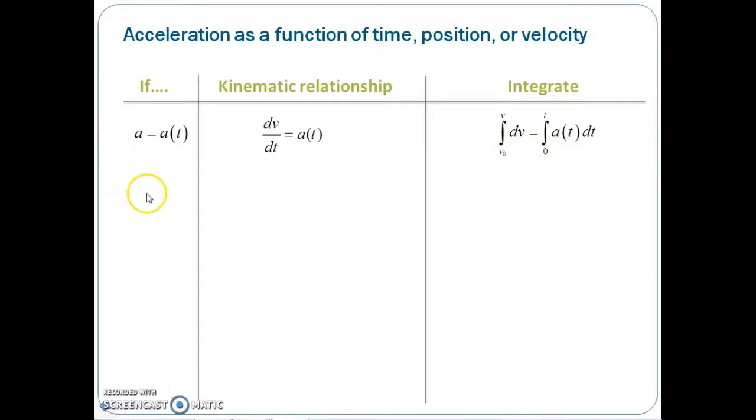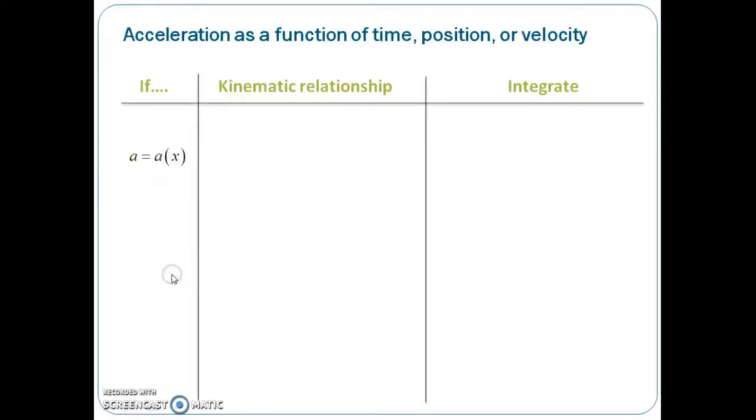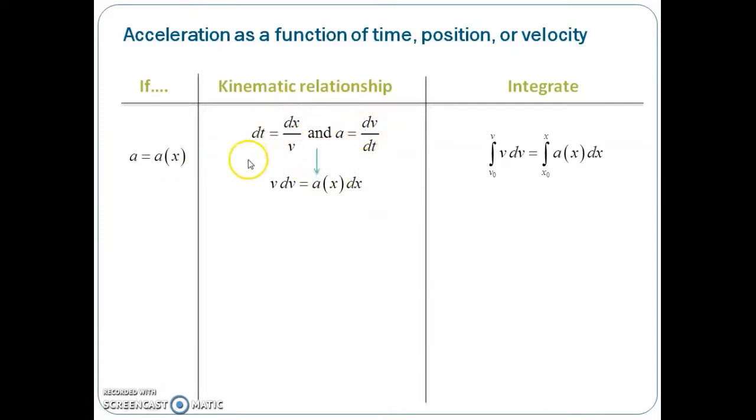And if our acceleration function is given as a function of position, a(x), the kinematic relationship that we can build is a equals dv/dt that we have learned just now, or dx/dt equals v, or here dt equals dx over v. So building from here, we can have v dv equals a(x) dx. Integrate this, we have our velocity function v from our a(x), the acceleration function in terms of position.